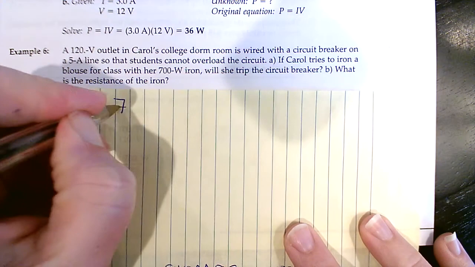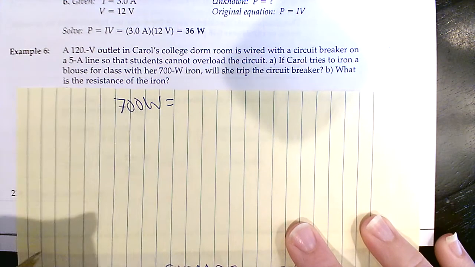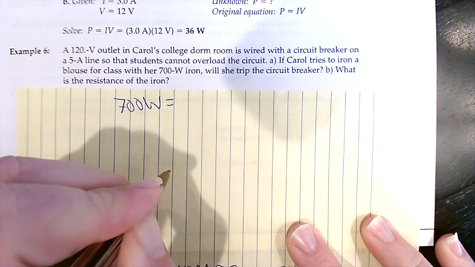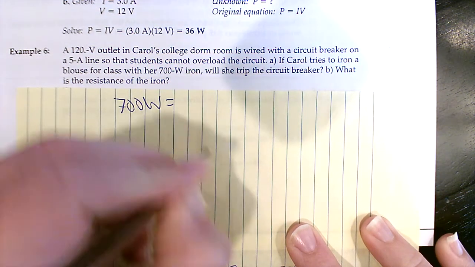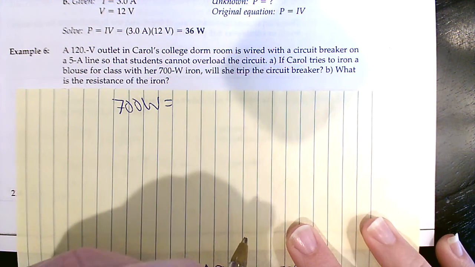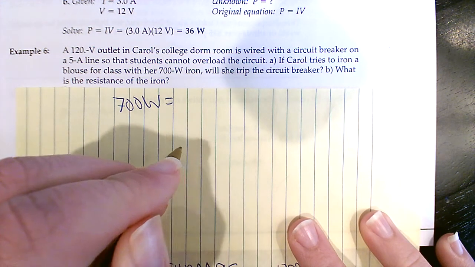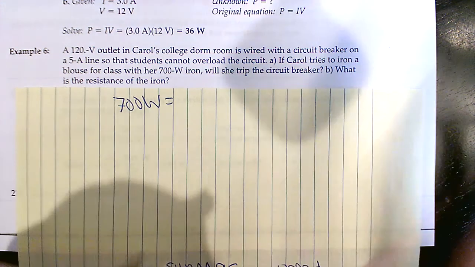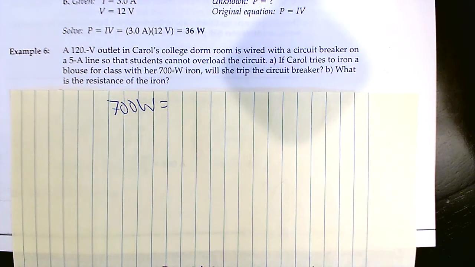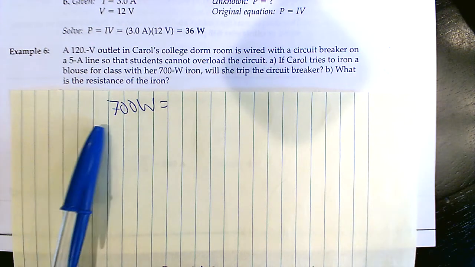So 700 is the power equals current. Well, that's not quite what I want to do, is it? I was just trying to make that a lot harder than it was.